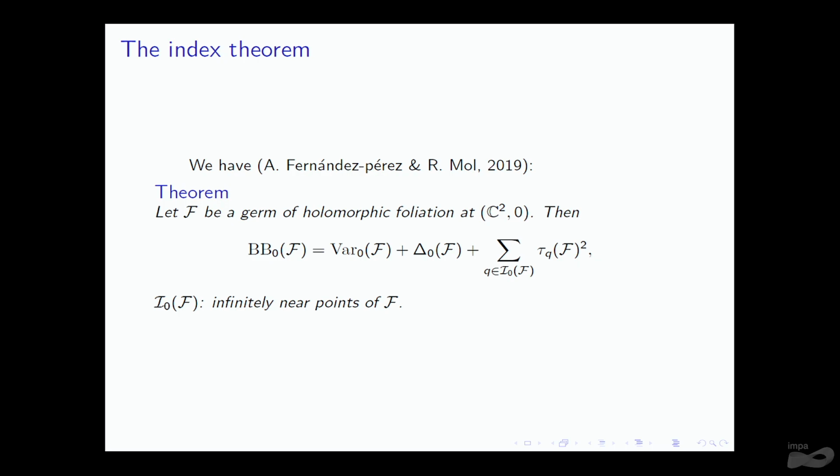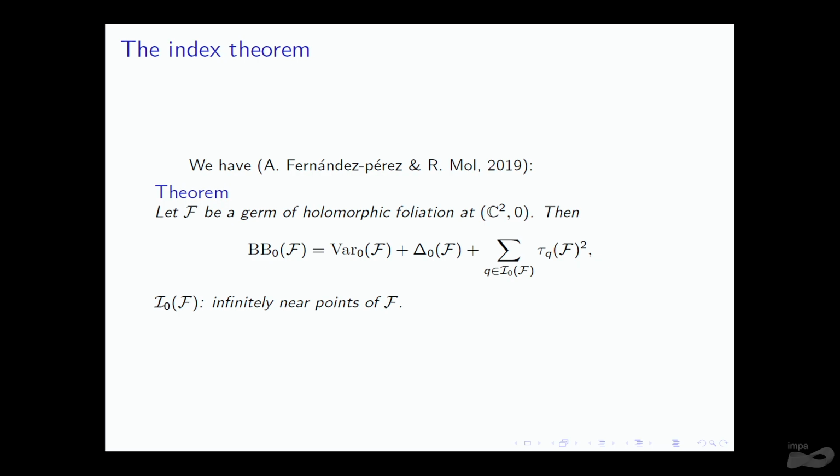Now I can state the main result of my talk, which I proved in collaboration with Arturo Fernando Pérez, the result that makes a relation among all these indices. So I have a holomorphic foliation at the origin of C2 with no hypothesis at all, only holomorphic foliation. This encompasses both the dicritical and non-dicritical case.